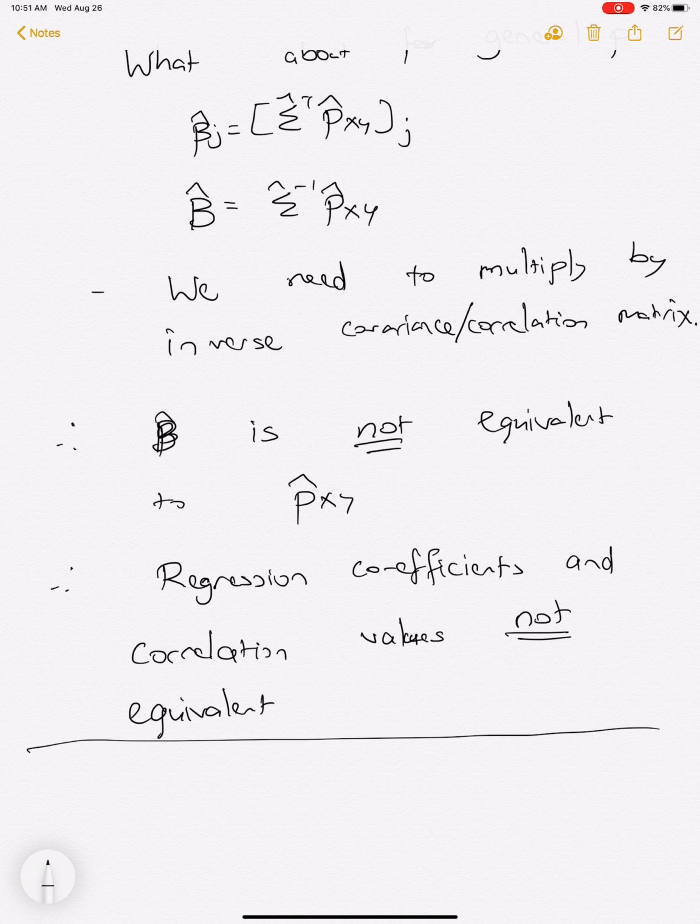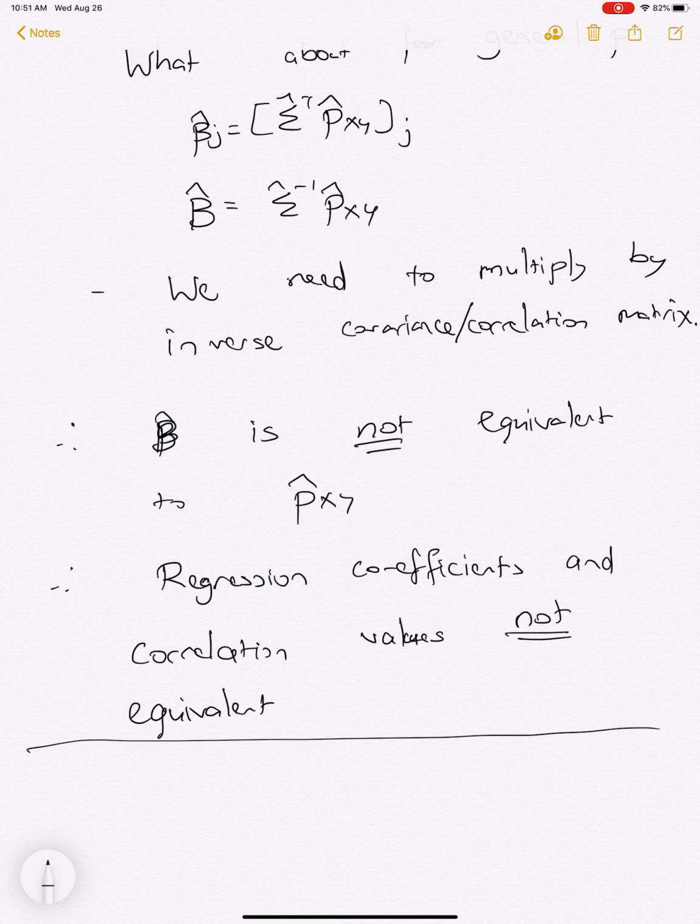When p equals 1, regression and correlation amount to the same thing, basically, in that you only have two variables to worry about, x and y. So the regression coefficient is basically just the same as the correlation coefficient if you normalize properly. On the other hand, for p variables, when you have many variables, the regression coefficient and the correlation values are not the same.